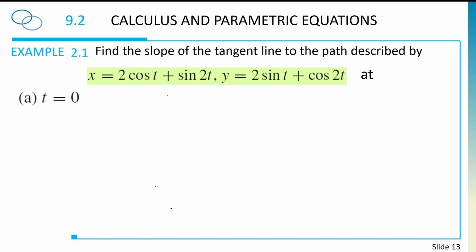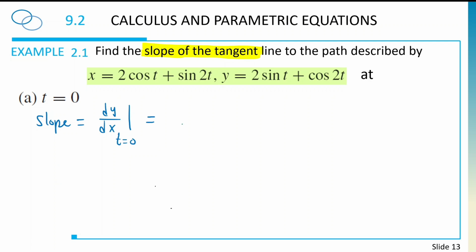Okay, we know once we ask about the slope of the tangent line, which is one of the very important applications of the first derivative, the first derivative always is the slope of the tangent line. So now basically what do I need to find? The slope equals what? dy over dx at t equals 0. This is what we need.